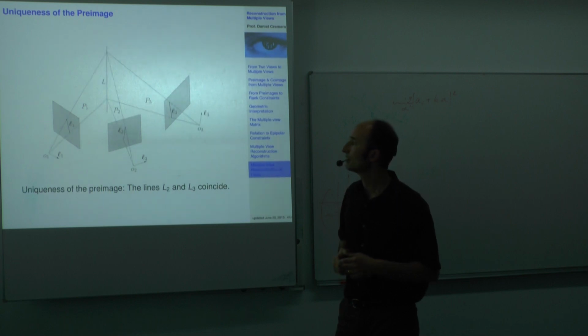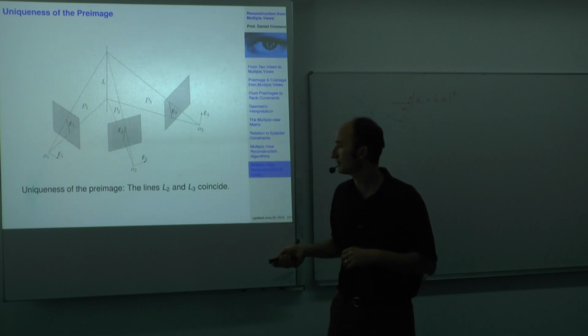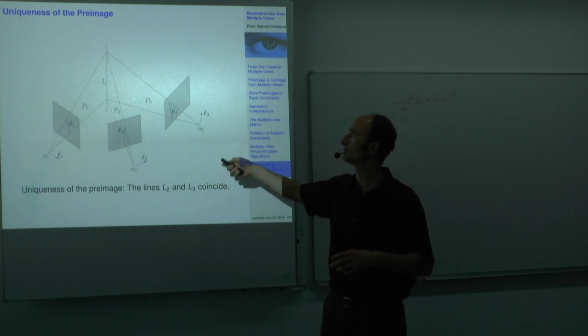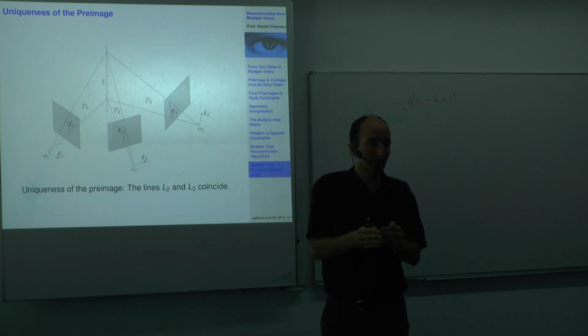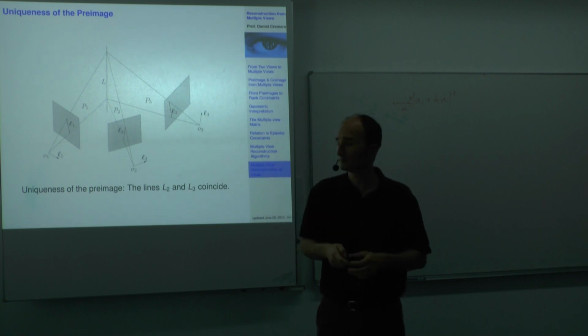And so what you want in practice is a unique pre-image, so you want a reconstruction where the lines observed in multiple images not only intersect the various planes, but they all intersect in the same 3D line.